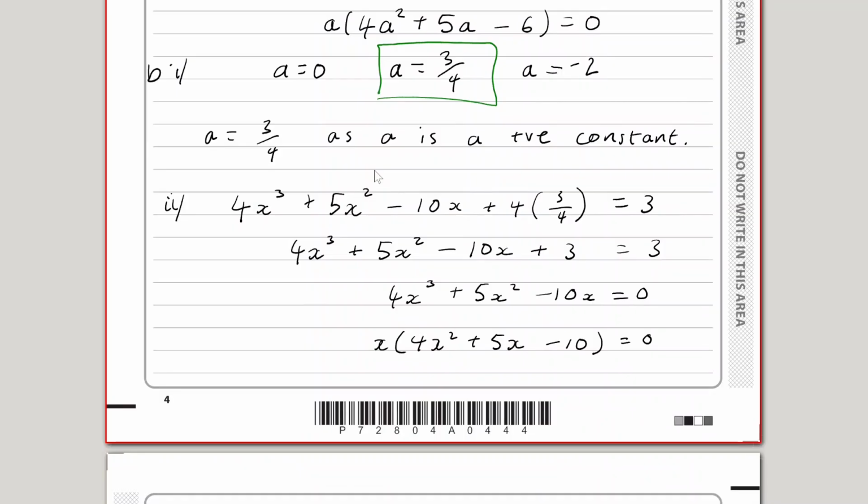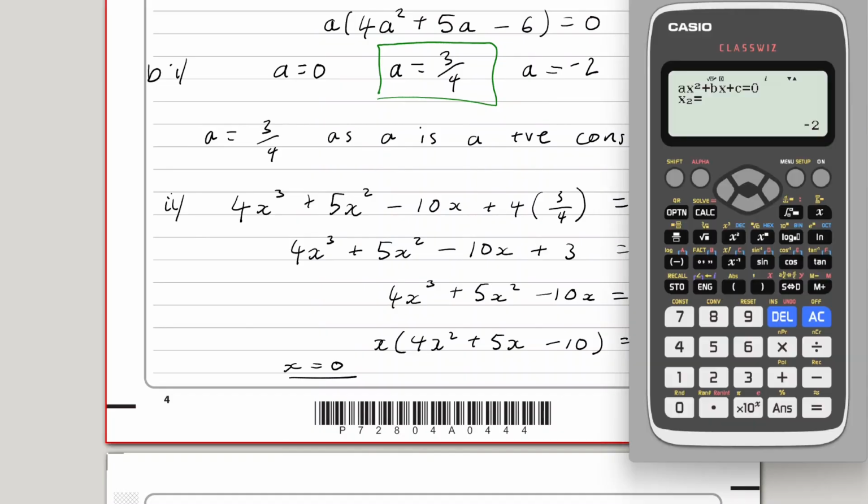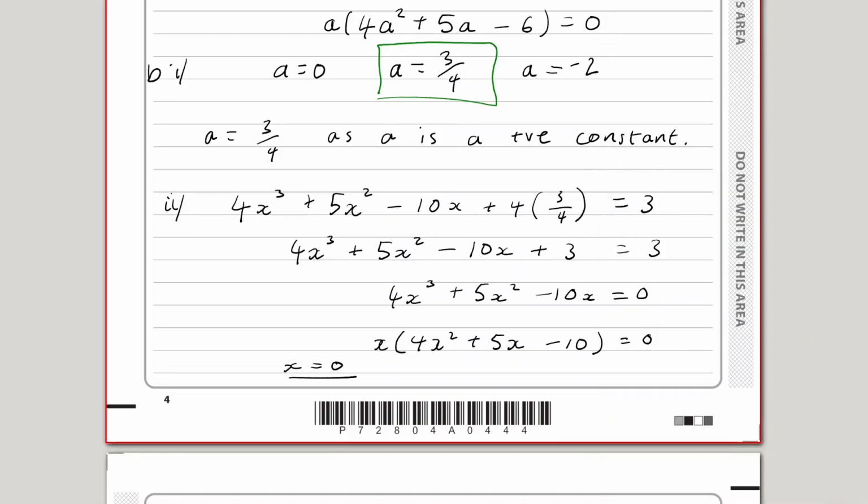So x equals 0. And then again, grab the calculator. So it's 4x squared plus 5x minus 10, and we want the exact solution. So -5 plus root 185 over 8 and -5 minus root 185 over 8.